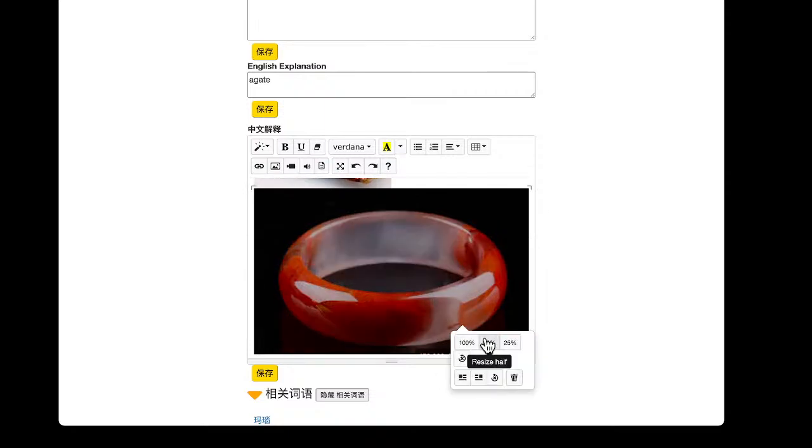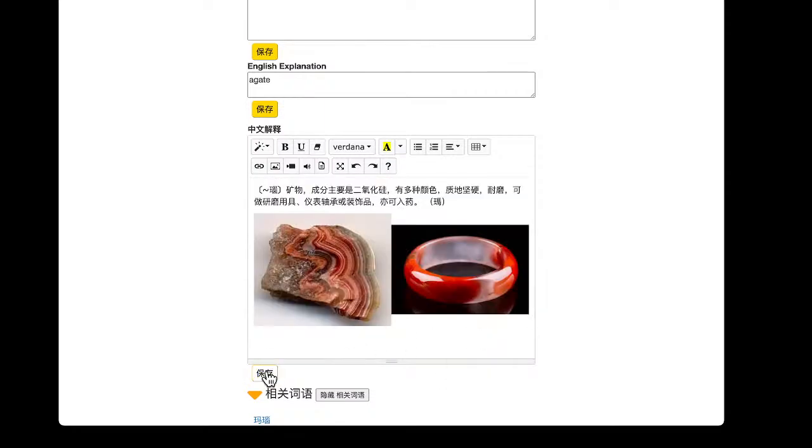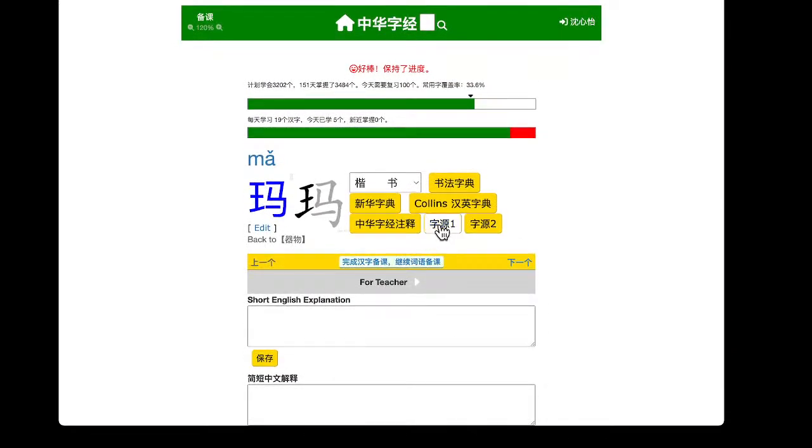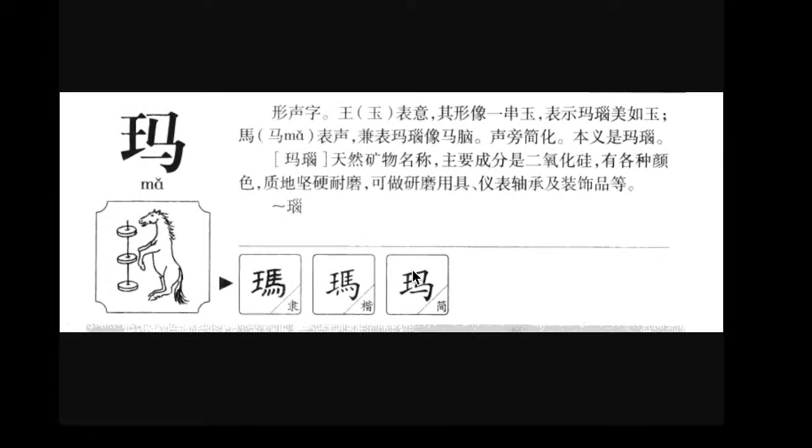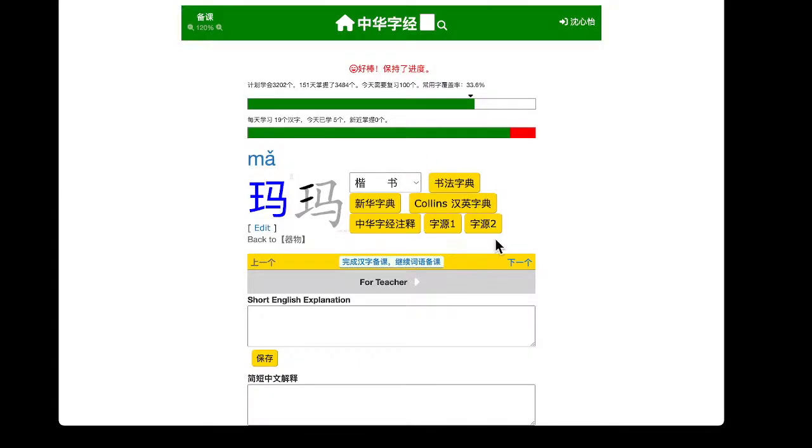Wow, this is so beautiful. I like that. Okay, so now this one is very simple. You just go with the 马, which means horse, for the sound, and it goes with the jade radical. So very simple.